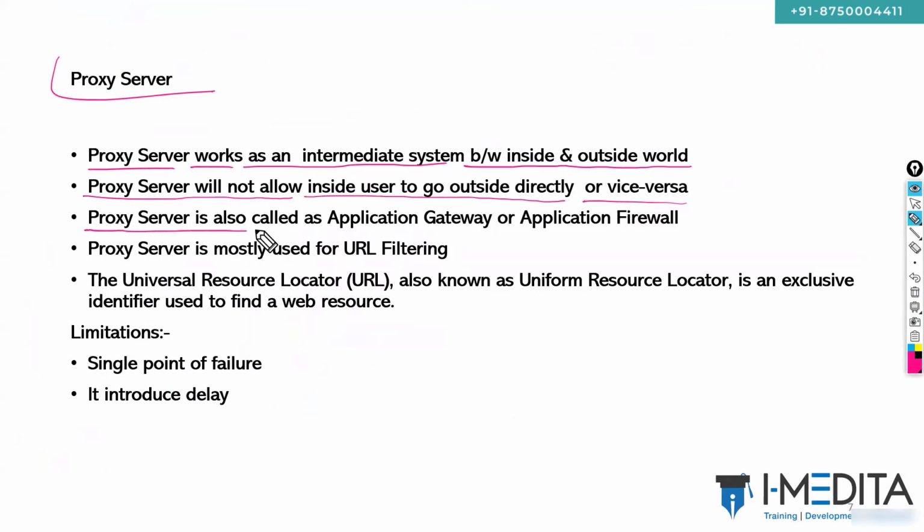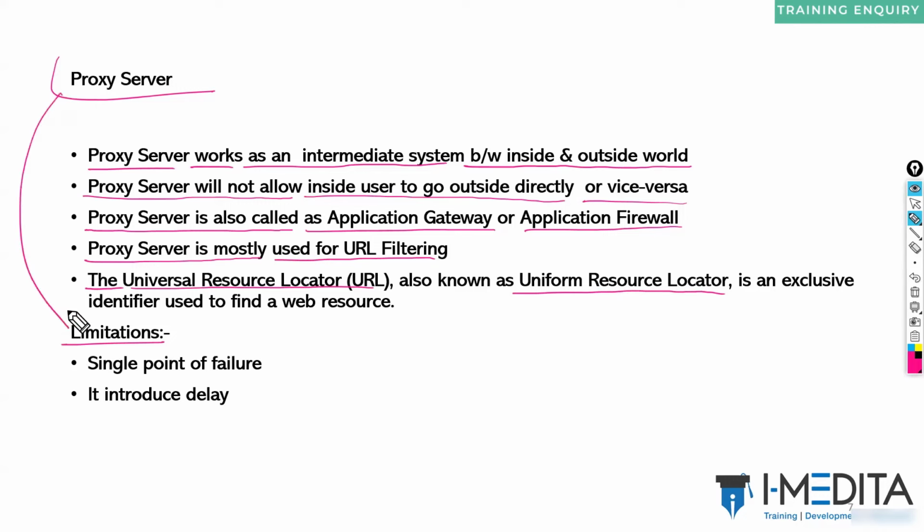Remember it, a proxy server is also called an application gateway or application firewall. It is mostly used for URL filtering, and URL stands for universal resource locator or uniform resource locator. Limitations of proxy servers: single point of failure.